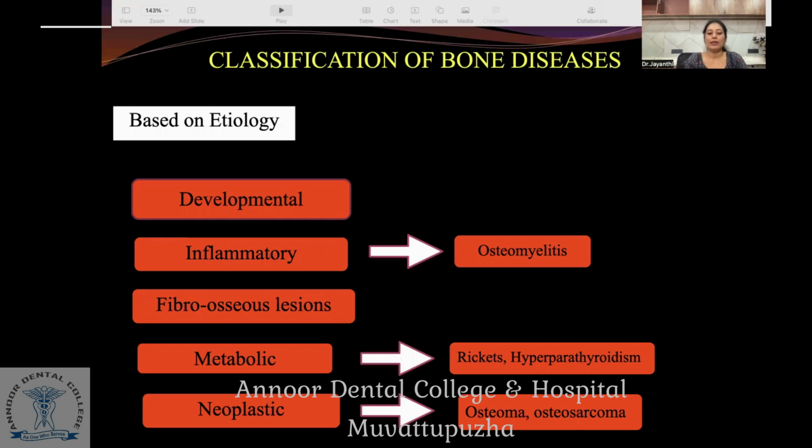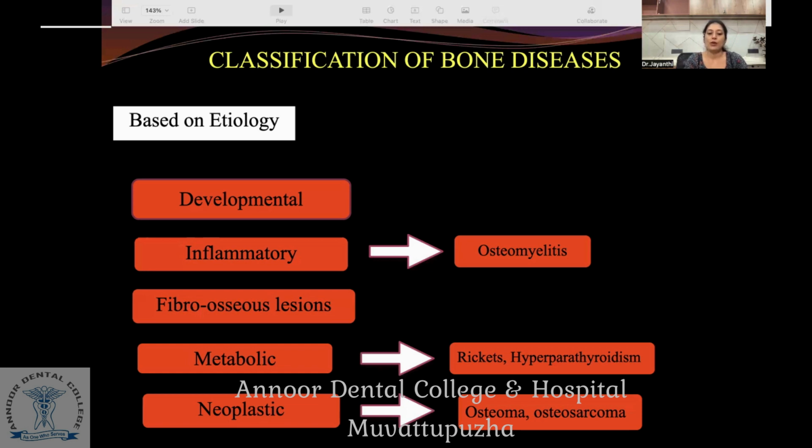You have inflammatory diseases, fibrous lesions, metabolic bone disorders, and of course, tumors or neoplasms occurring in the bone. Now, these inflammatory bone diseases will include a subset of disease called osteomyelitis, and that will be dealt separately for you. Similarly, the neoplastic or bone tumors, which include benign tumors like osteoma and malignant tumors like osteosarcoma and Ewing sarcoma, are also dealt separately in the chapter benign and malignant tumors.